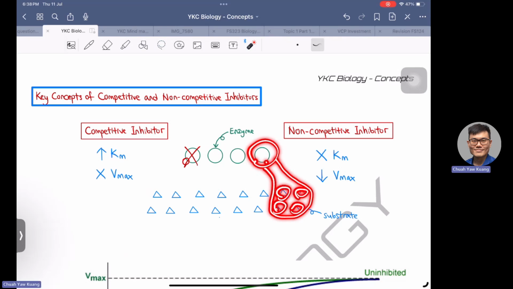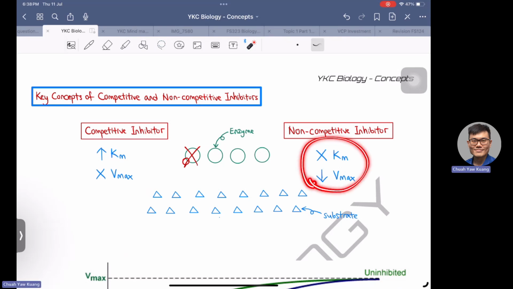As long as the substrate can bind to the enzyme, the chance for the substrate to bind to the enzyme is still 100%. So it's not affecting the affinity or the chances of this substrate to bind to the enzyme. Because of this, the non-competitive inhibitor has no effect on the Km, but it will reduce the maximum velocity of the reaction.